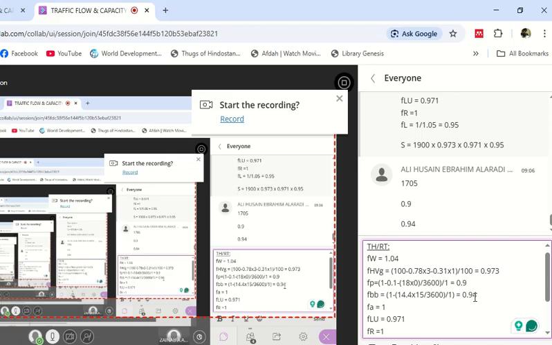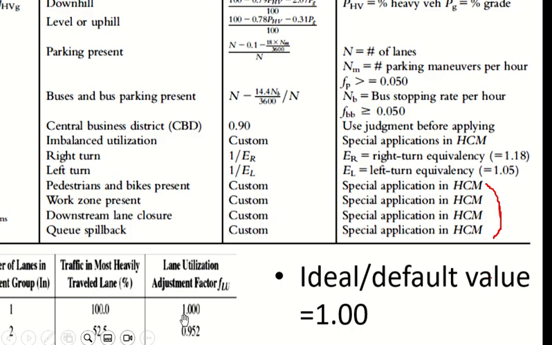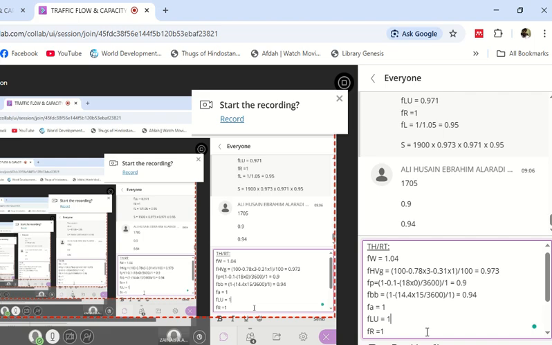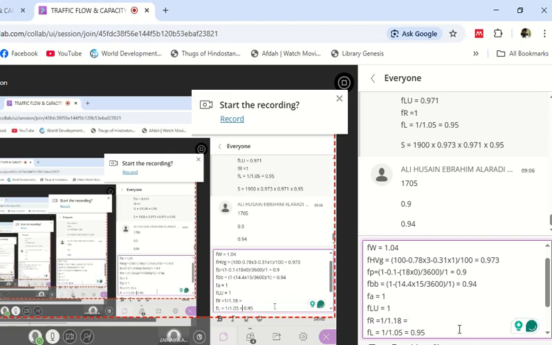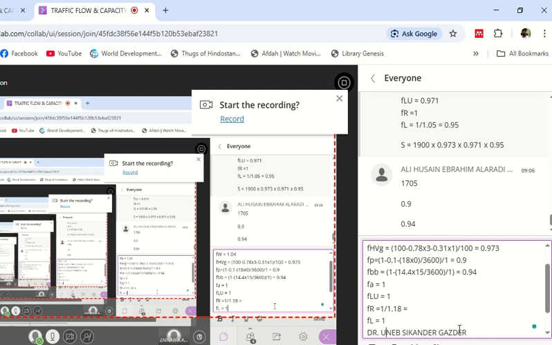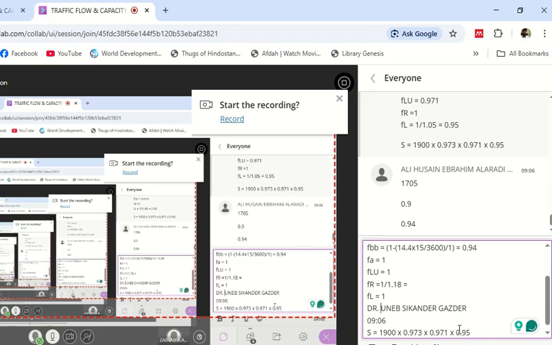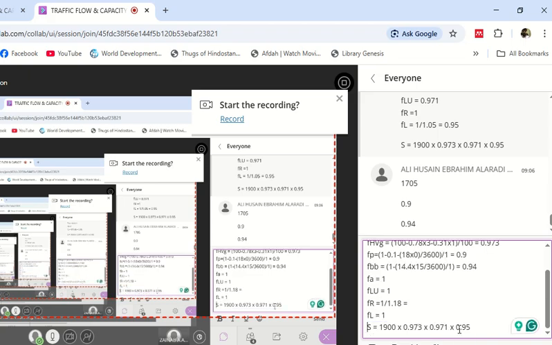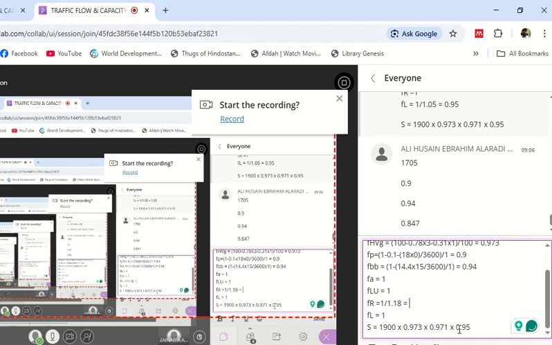Factor for area type doesn't change. Lane utilization factor, I only have one lane, so this is not required. Do I have a right turning movement? Yes, I have right turning movement, so this will be this much. So how much is this? And the left turning will become 1 because there is no left turning here. So how much is the factor for right turning? 0.847.